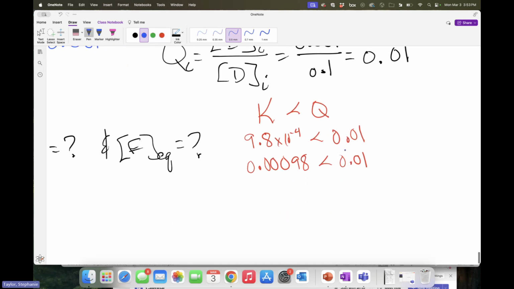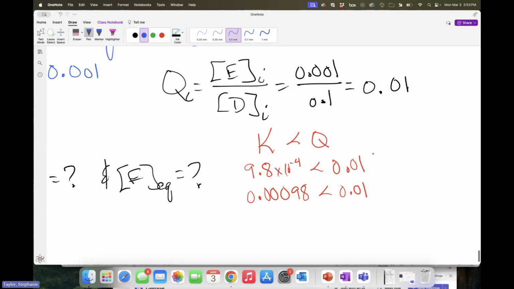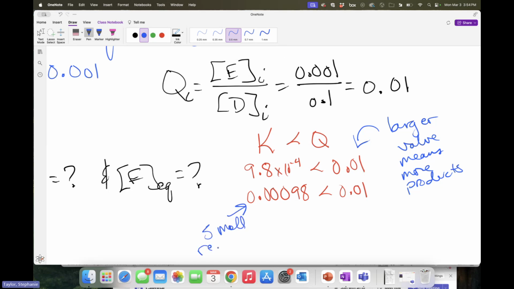One, because everything is about products over reactants, a larger number means more products, because the product goes on the top part of my fraction. So my K value is so small that it's telling me that it is reactant favored.